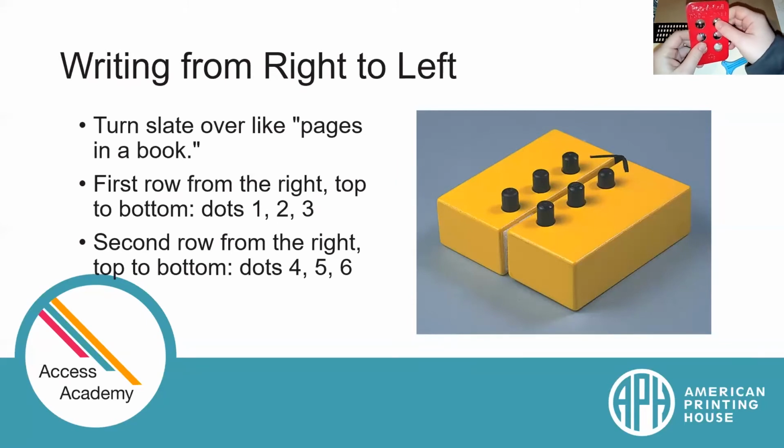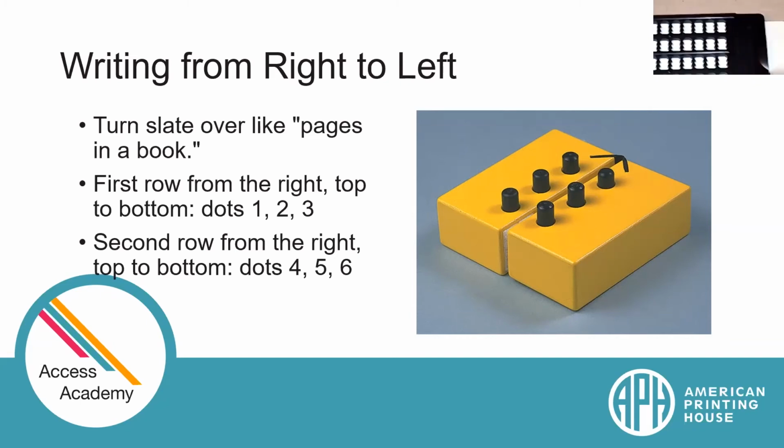We want you to start to write on the right side of your slate. And you're going to start to write on the right side of your slate in the very first cell on the right. I'm purposely saying these things over and over again. We're talking about that first column on the right of the first cell.